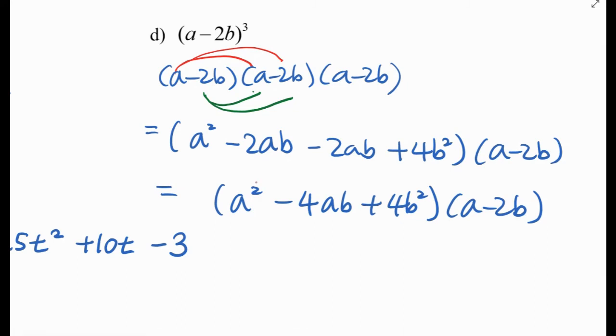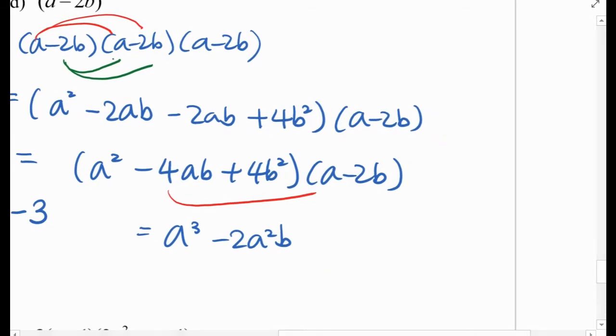And let's FOIL. a times a squared is a cubed. Now a times negative 2b is negative 2a squared b. Negative 4ab times a, negative 4a squared b.